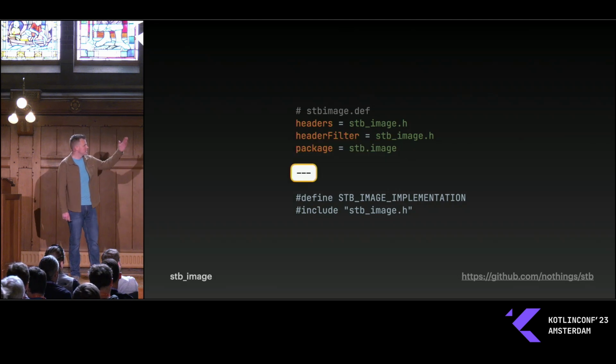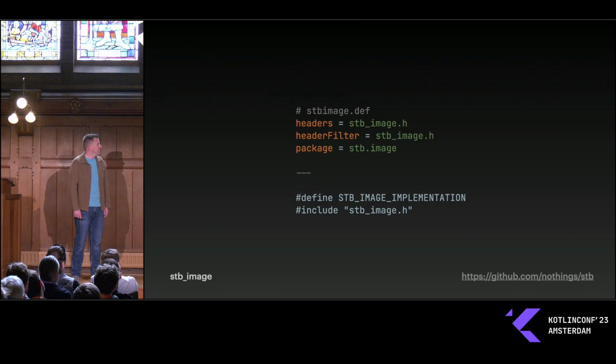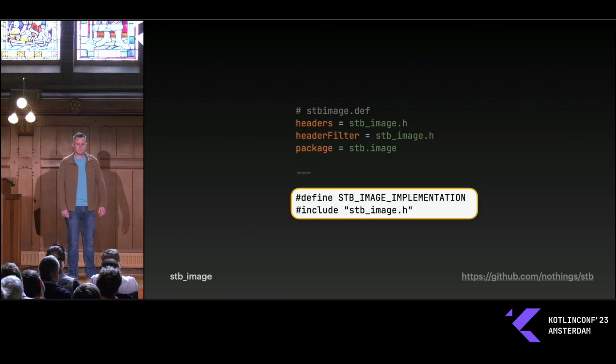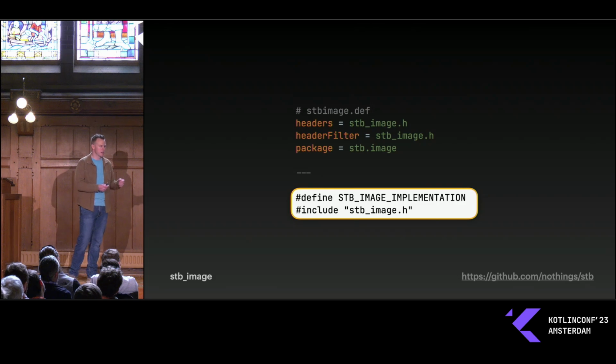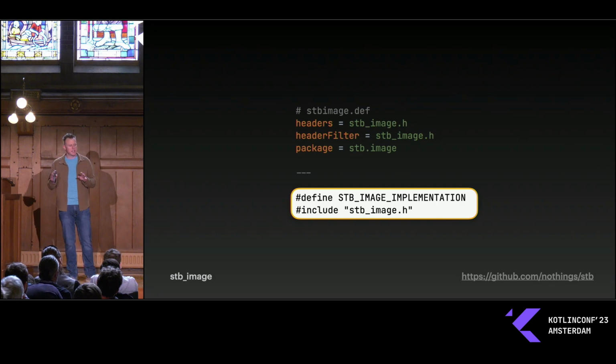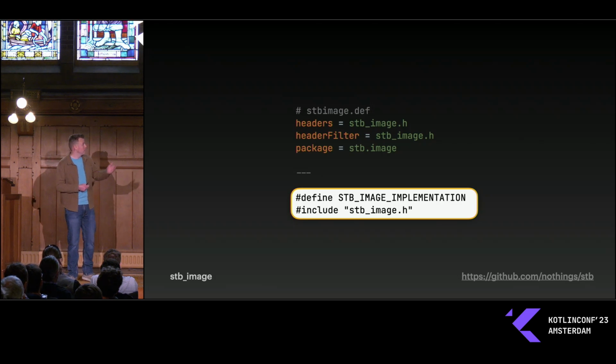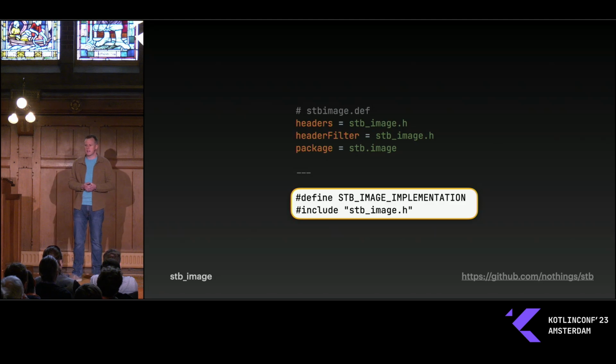Then you get this little separator here, and after that separator is just C code. So you could add stuff for your own header. The idea is that if you have a library where the API could use a couple of tweaks on the native side to interoperate with Kotlin really well, this is where you can do that in a reasonably easy way.